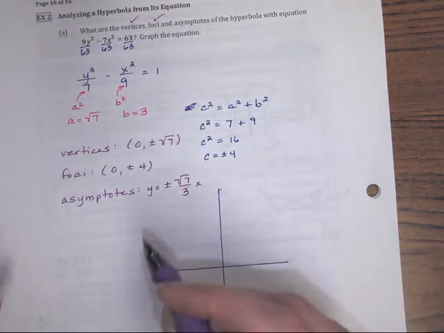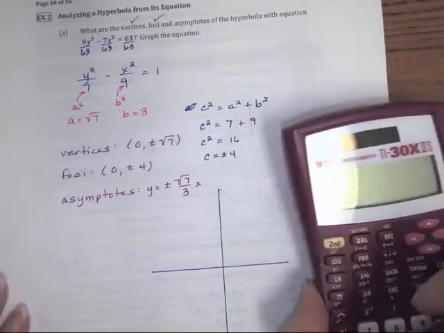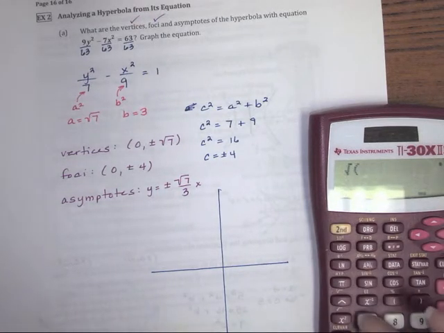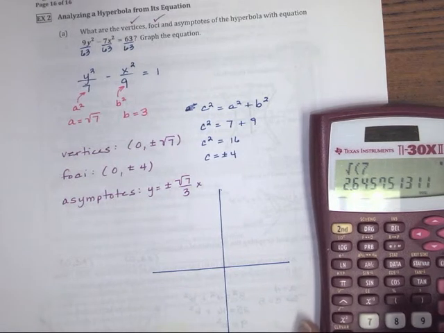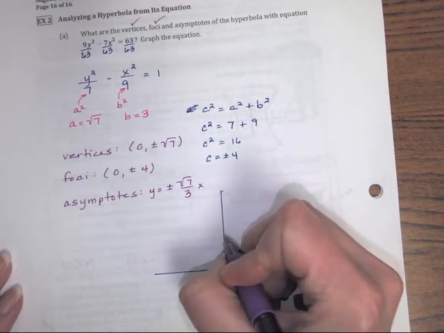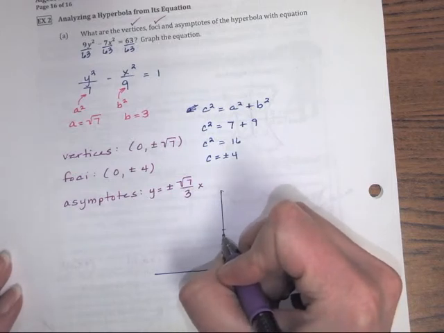Okay, so first of all, my vertices is plus or minus the square root of 7. It would be really handy to know what decimal the square root of 7 is. 2.6-ish. All right? There we go.